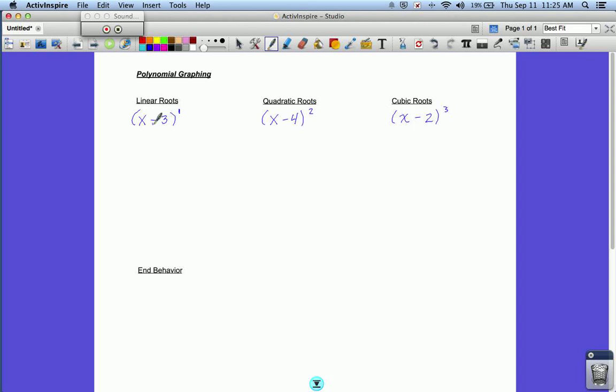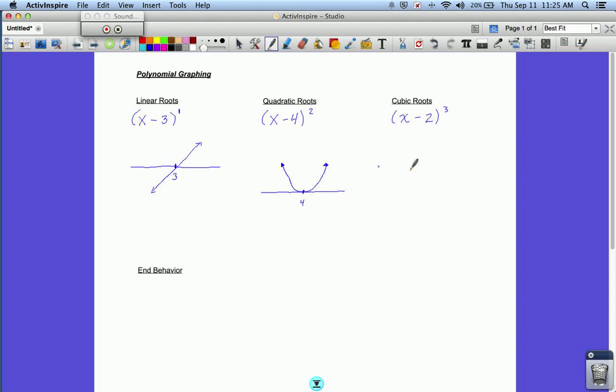All right, well, we all know what lines look like. So if I'm looking at a linear root, if I go through 3, I go straight through it. Okay, that's what a linear root looks like. A quadratic root, we know what quadratics look like, right? They're parabolas. So a quadratic root, maybe it comes down and it touches 4 and comes up in a parabolic shape.